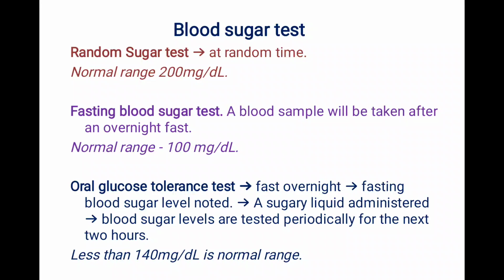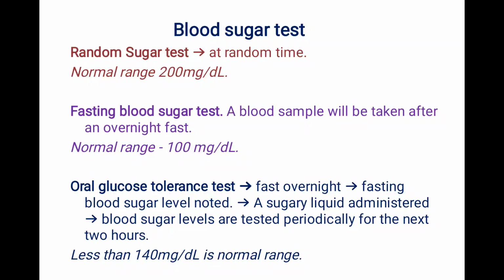The normal range of the random glucose level will be 200 mg per deciliter. In the fasting blood sugar test, a blood sample is taken after an overnight fast. The normal range in a fasting blood sugar test will be 100 mg per deciliter. More than this, they are prone to diabetes.